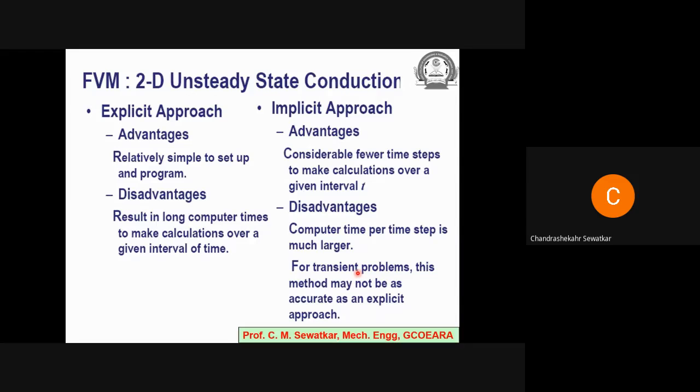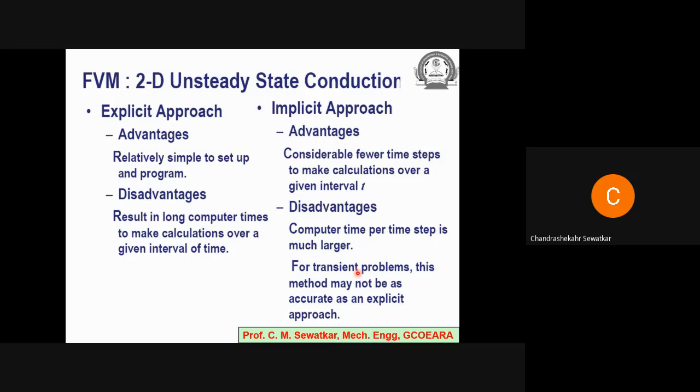Let's say, for example, I need to do the simulation for 10 seconds. The value of delta t I need to use has to be as low as possible so as to have stability of the solution.